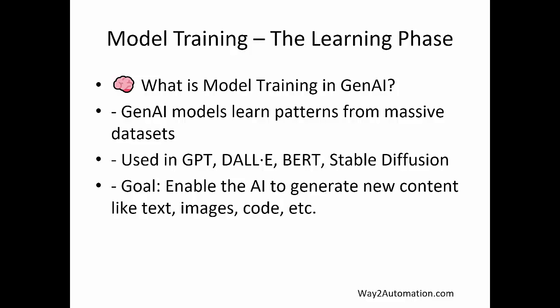This is where the core objective of model training comes in, which is called the learning phase. For example, in a text model like GPT, the aim is to learn how to predict the next word or token in a sentence, kind of like autocomplete on steroids. In an image model, like those using diffusion technologies, the goal is to learn how to reconstruct a clean image from a noisy input.